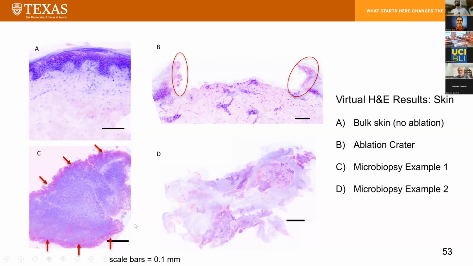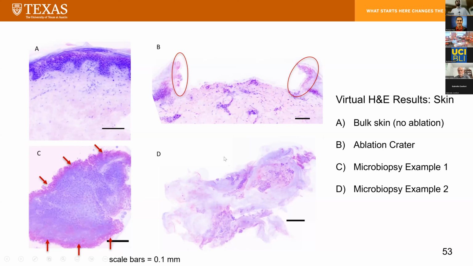And then C and D are examples of our microbiopsies. So you can see in this one here, we'd be looking at the epidermis from the top. You can see the nuclei are preserved, and we can see some of the same features. And then on the outside, there's a different color from the SR101 channel that indicates thermal damage.